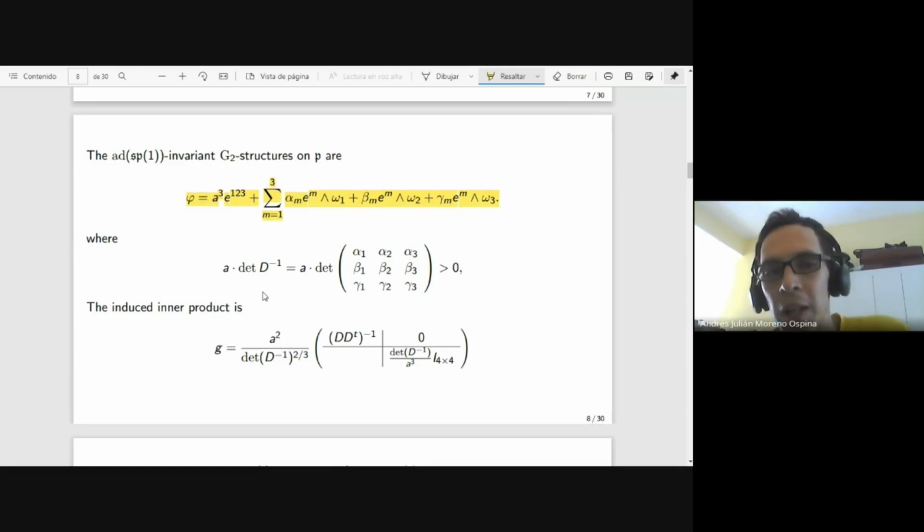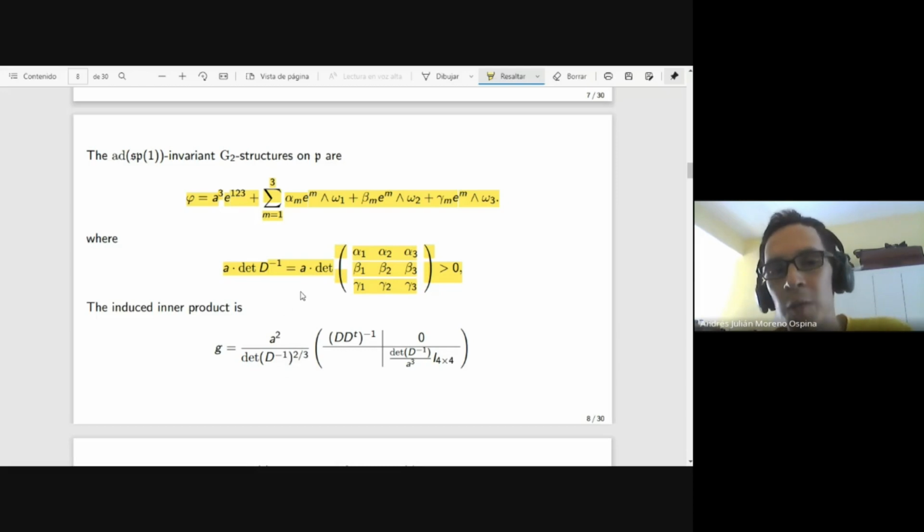These 10 parameters can be gathered in this condition, which gives us that the 3 form is positive, as we defined previously.